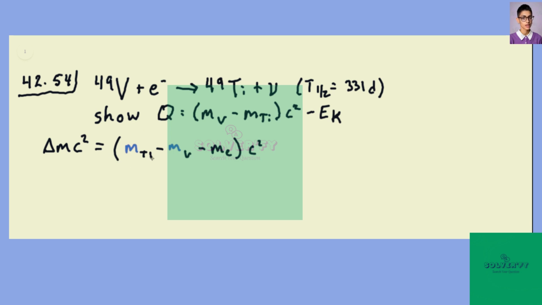So vanadium has 23 electrons and titanium has 22. If we add and subtract 22 electron masses from this, we're going to be able to use the atomic masses.